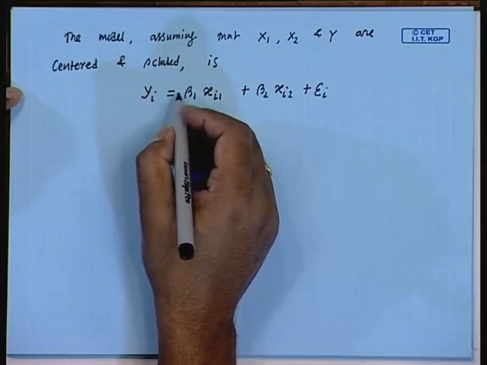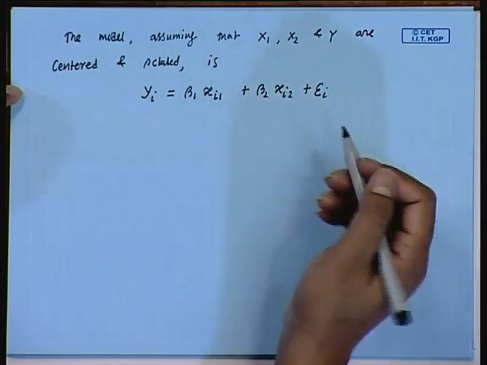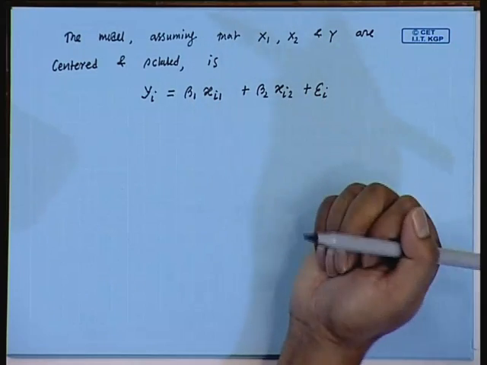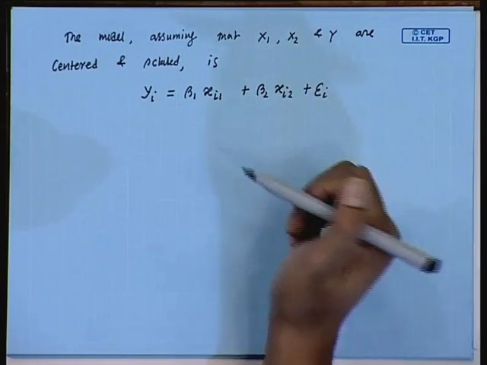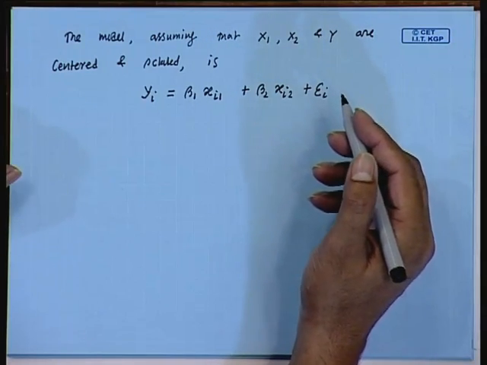We omitted the intercept beta naught from the model, because for the centered or the scaled data, we just checked that intercept beta naught is always going to be equal to 0.